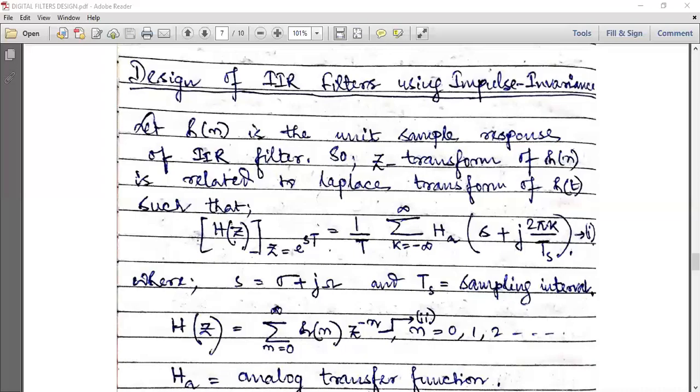I'll be explaining all the terms. s is nothing but sigma plus j omega, and this T suffix s is the sampling interval.